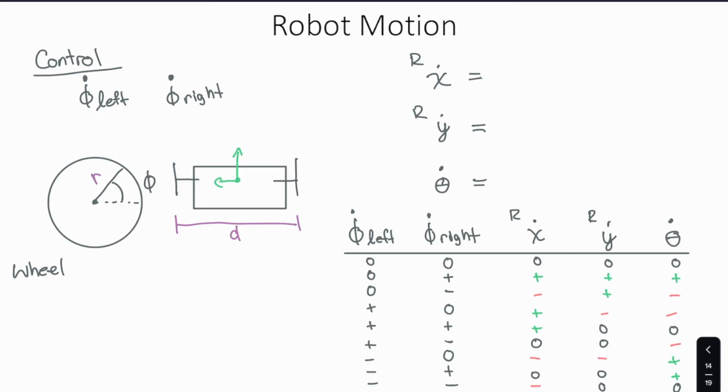I cleaned up this slide just a little bit so I could show all the different cases that are worth considering. So for each of the two wheels, I also swapped the sides so that left was on the left. So for the two wheels, they could either be stationary, given a positive acceleration, or negative. So I'm saying positive in the forward direction and negative in the reverse direction for both wheels.